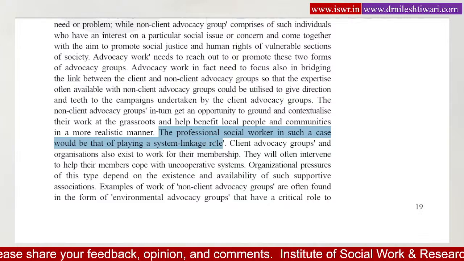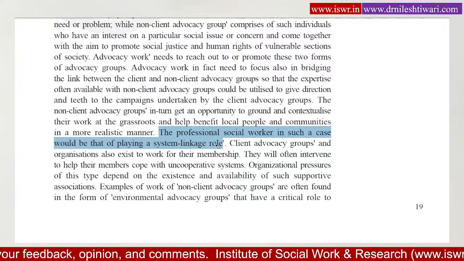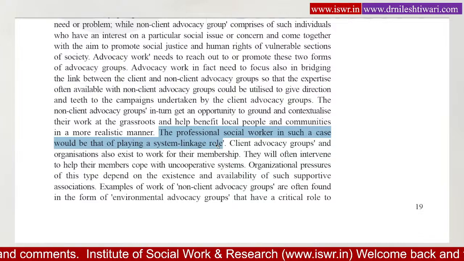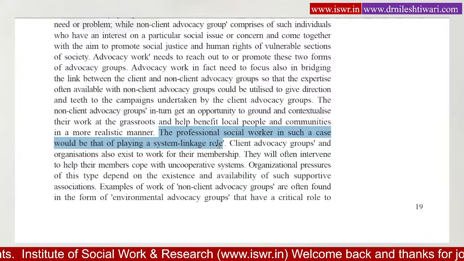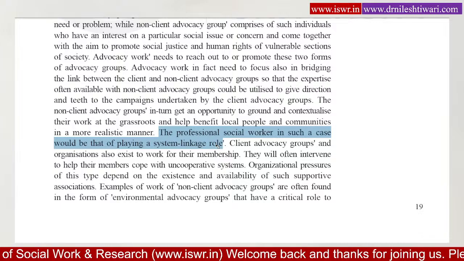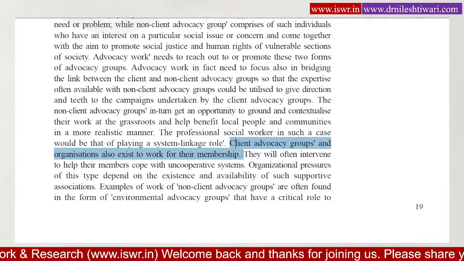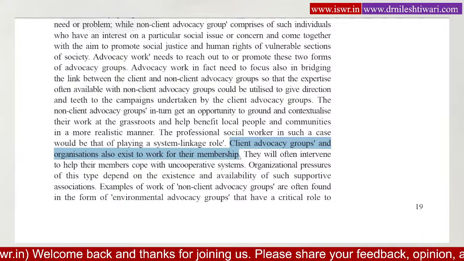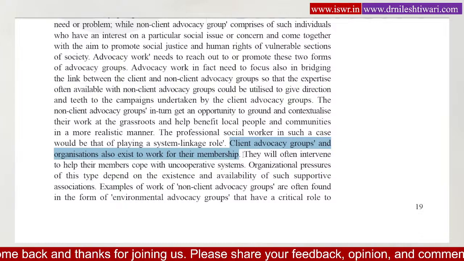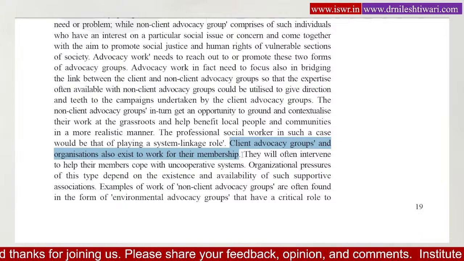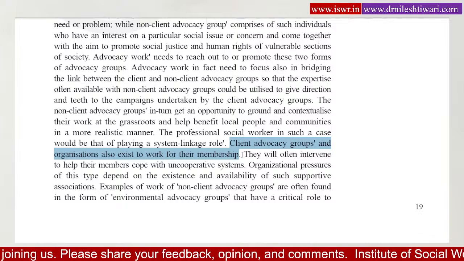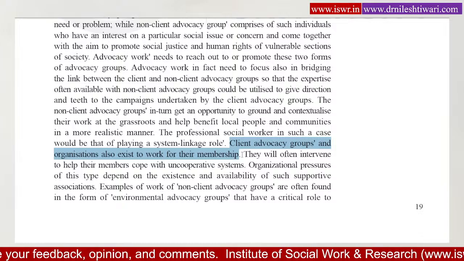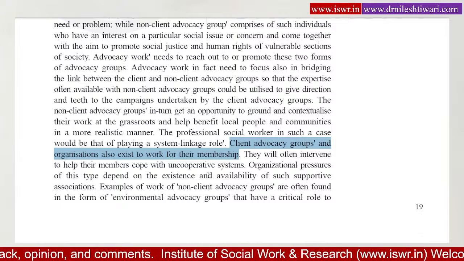Now, the role of a professional social worker in such a case would be playing a system linkage role. Now, what is the system linkage role? System linkage role talks about clients, advocacy groups, and organizations that also exist in the work of their membership. So they try to bridge the gap between the system, the uncooperative system, the governance, the government, the bureaucracy, to raise their voice, right?